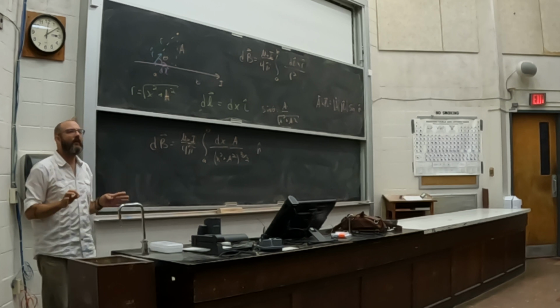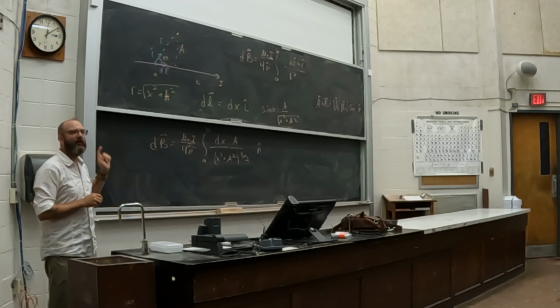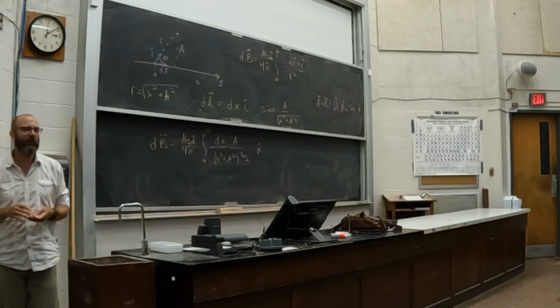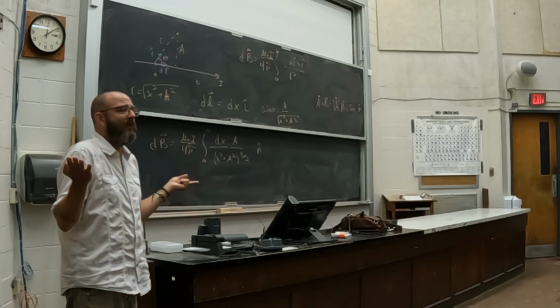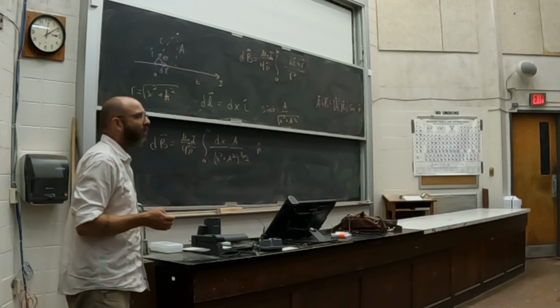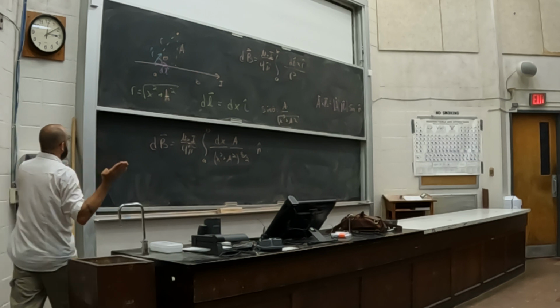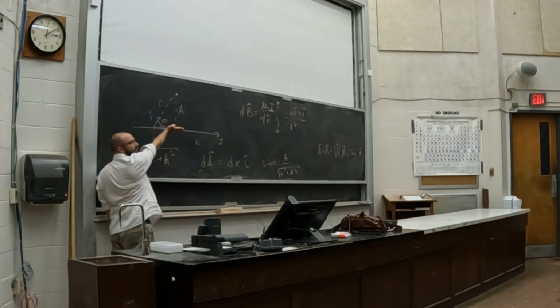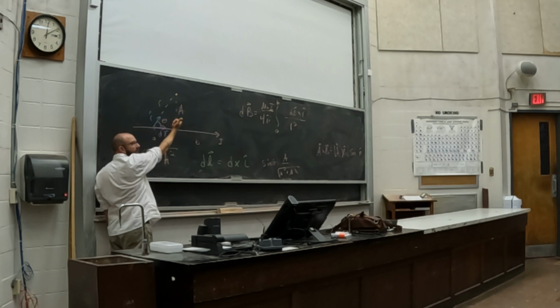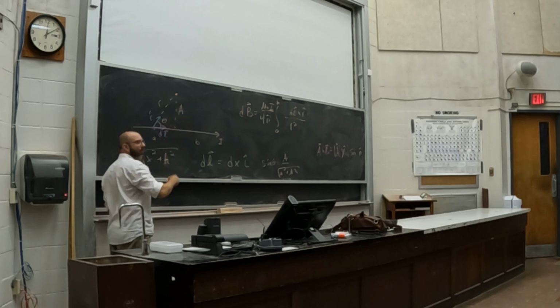Okay, it's a unit vector mutually perpendicular to both of those vectors. To get it, we're going to use our right-hand rule that we learned last time. We looked at it in the context of forces. Right-hand rule works for all cross products, right? So what is it? Put your fingers in the direction of the first vector. That's dl right here. Curl them into the direction of the second vector. That's r hat right here. Stick out your thumb. Now I don't have any charges to check. This is not a force thing, it's just a cross product thing. So that's the direction. Out of the board.